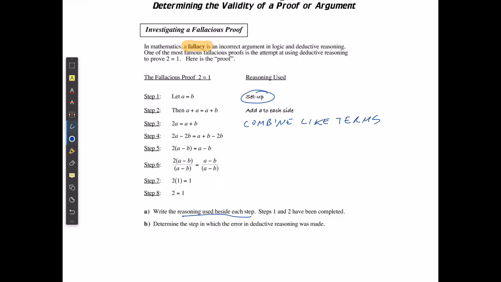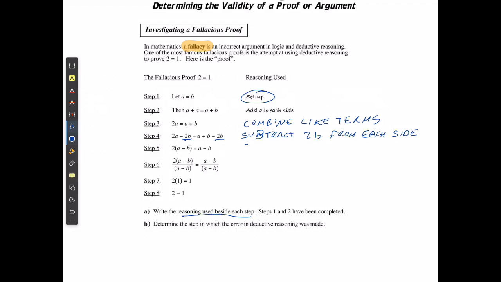Now, they subtract two B's from each side. And we can see that here and here.